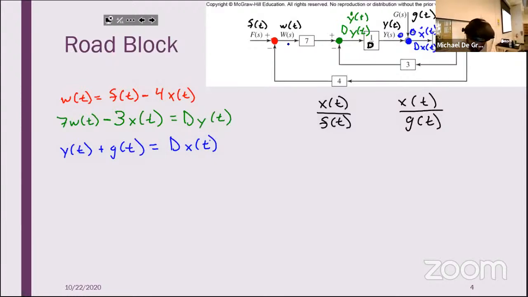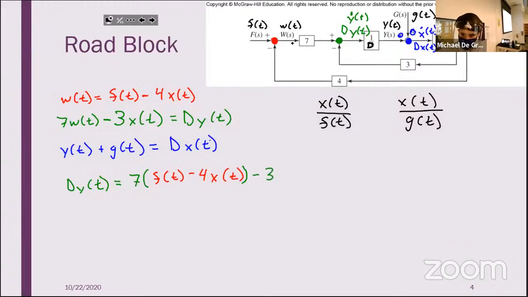We're going to take the green equation for dy of t. dy of t is equal to 7 times w of t, so 7 times, I'm going to plug in w of t, minus 3x of t.